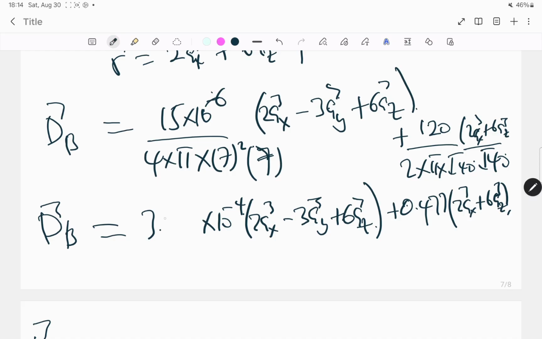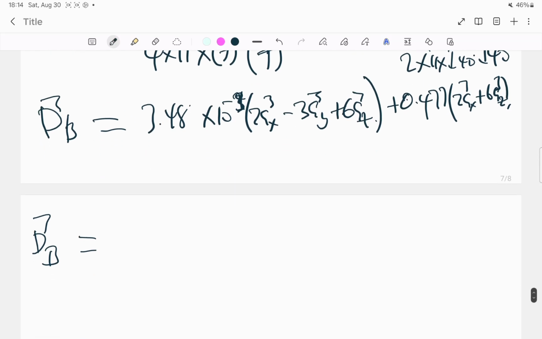So times 10 to the power 3 times 2. So here we get 6.96. Then here we know minus.